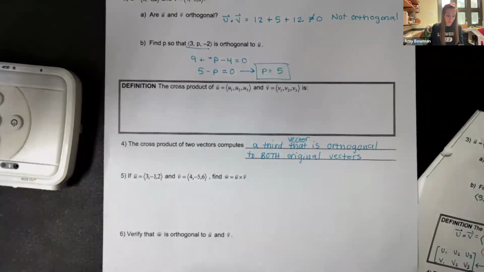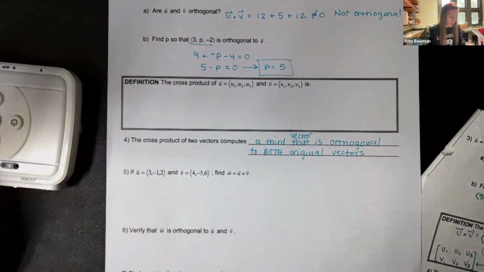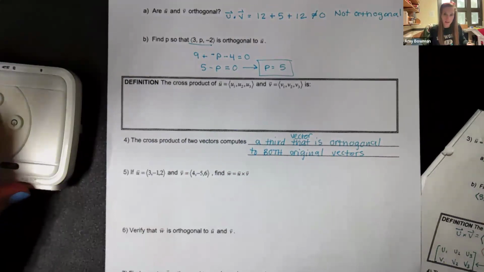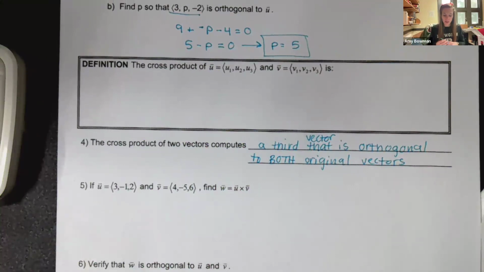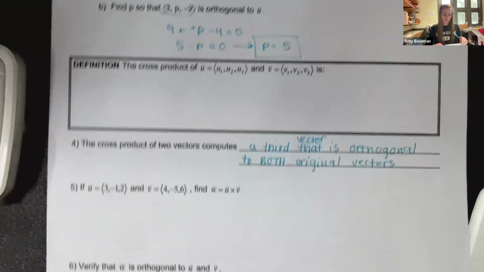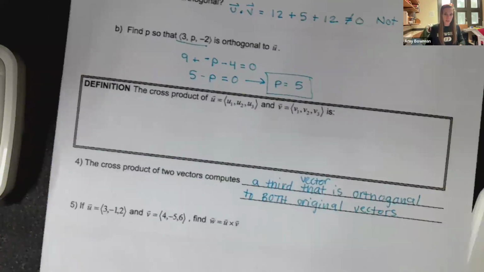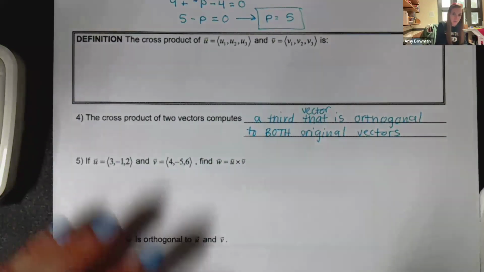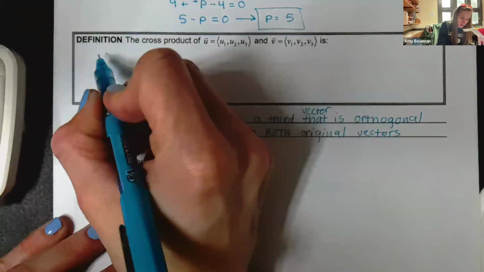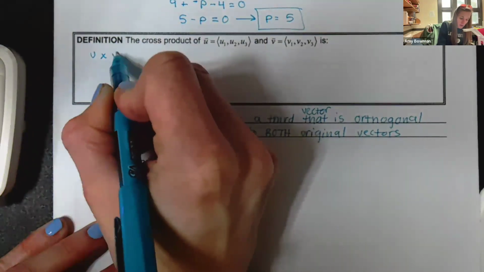All right, now the formula for cross product is a little involved and just takes practice and repetition. So if we've got our two vectors, u and v, then the cross product we write u cross v.